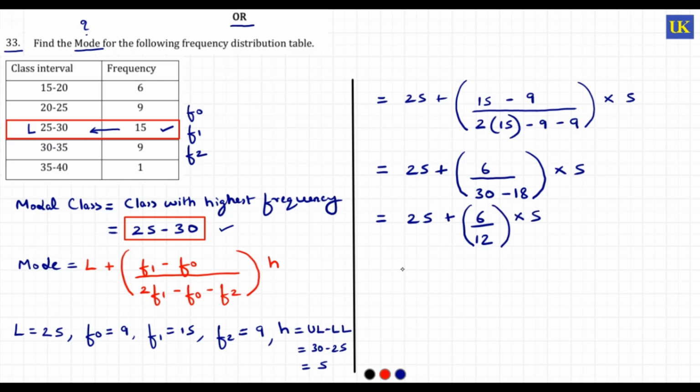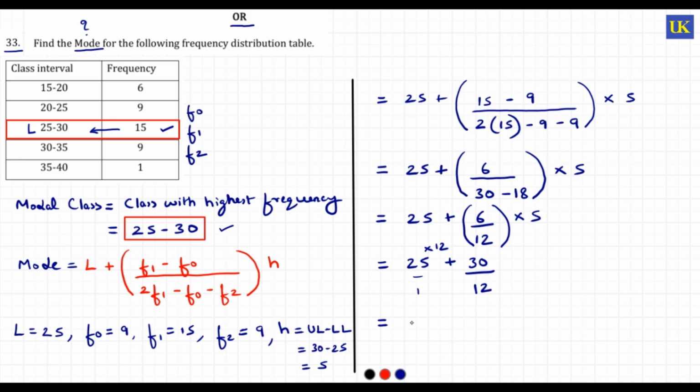So 6 5s are 30. So 25 plus 30 upon 12. Now here nothing is there means 1 is there. So we will take the LCM 12.